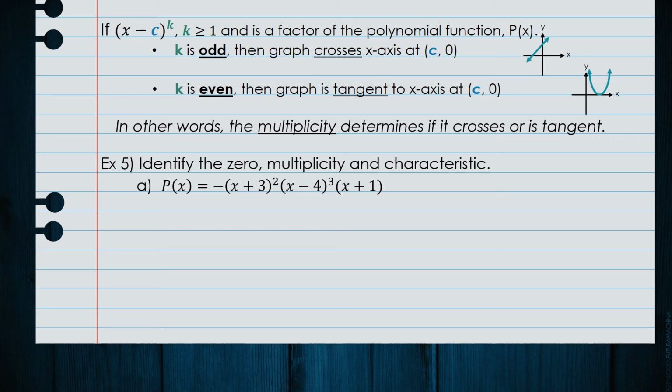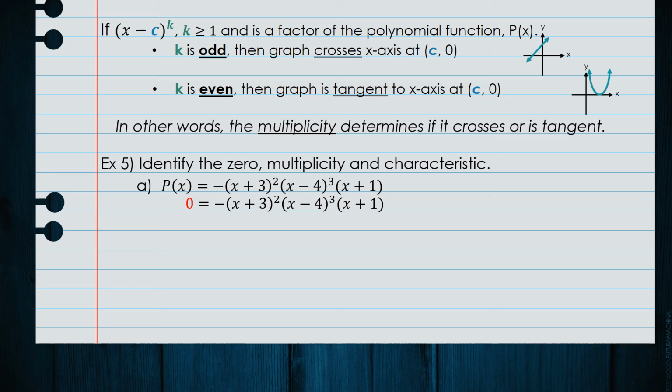First it says identify the zeros. That means we need to set this polynomial to 0. So 0 equals negative x plus 3 squared, x minus 4 cubed, times x plus 1. Since we need to identify the zeros, we have to look at the individual pieces. We have 3 values that are all multiplying to give us a result of 0.